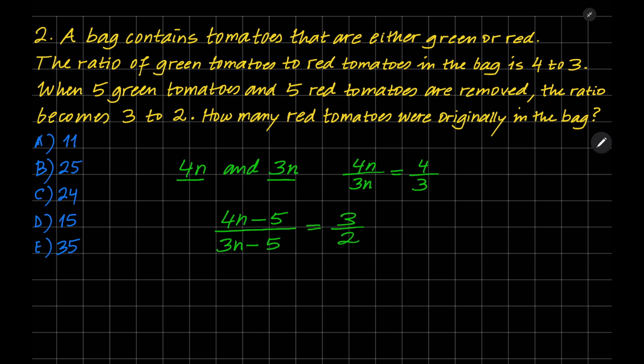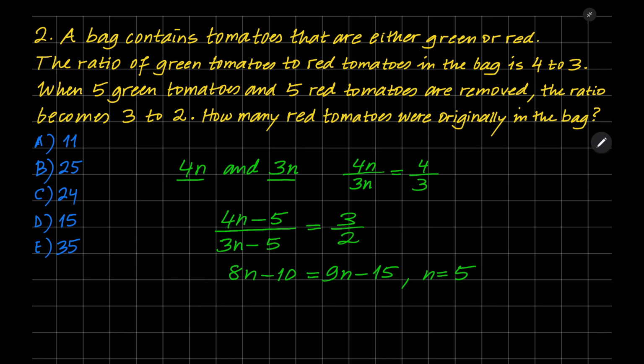Cross multiplying, 2 times 4n is 8n minus 10, which is equal to 9n minus 15. If we solve this equation, then n is equal to 5.